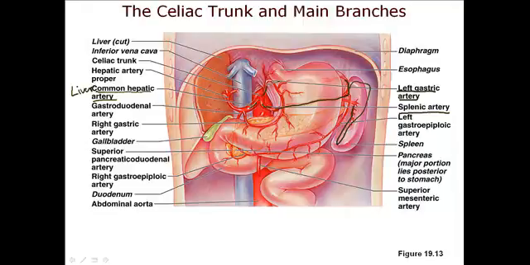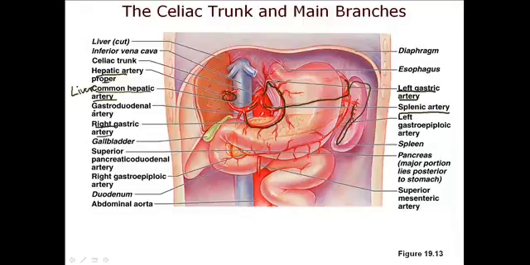If we follow the common hepatic around, that'll branch, and now it's the hepatic artery proper. That's here. This will branch. So the common hepatic artery will branch right here into the right gastric. Now if you notice, the right gastric will anastomose with the left gastric.